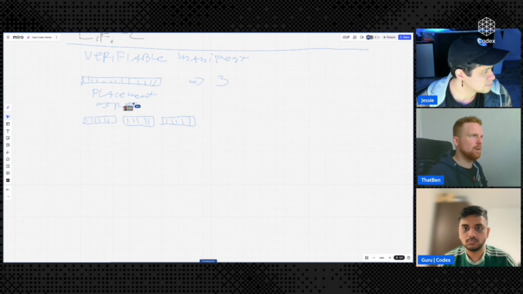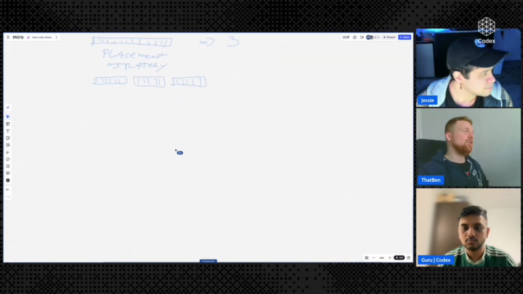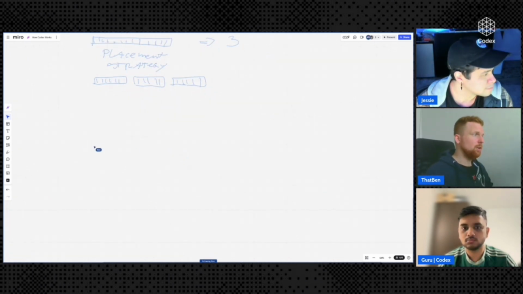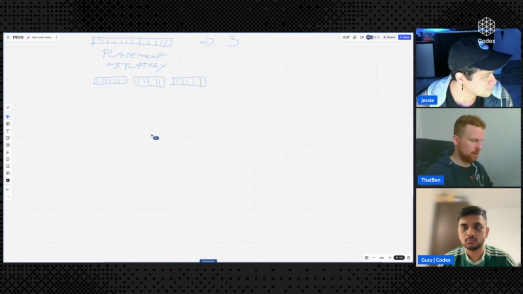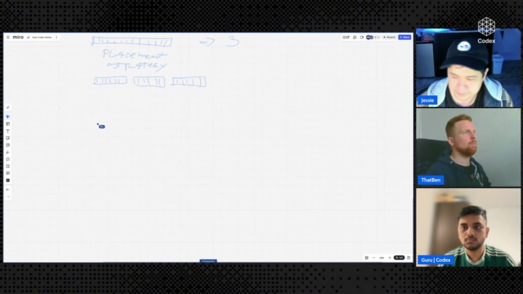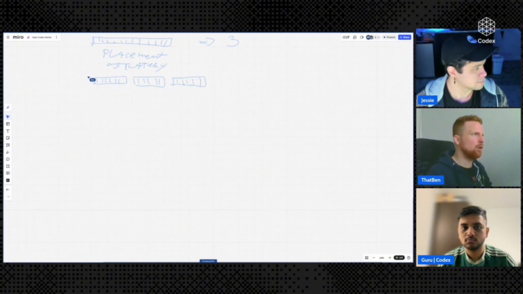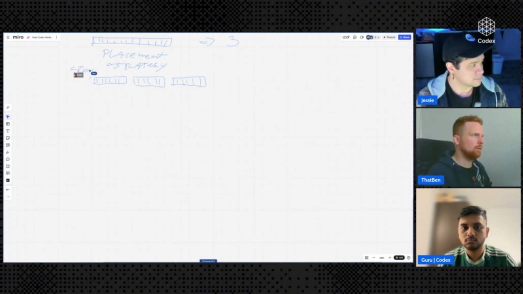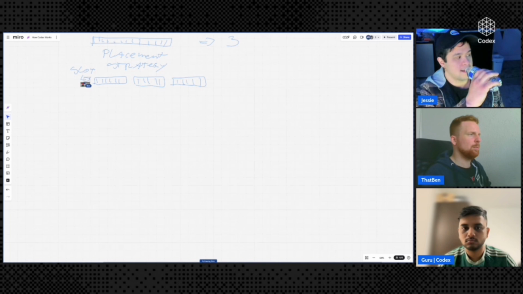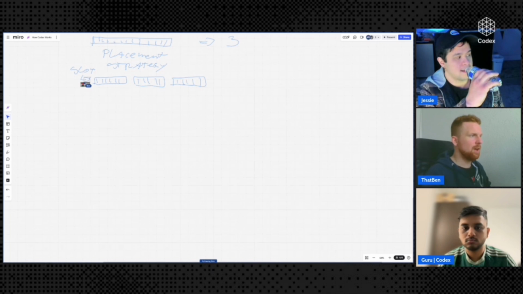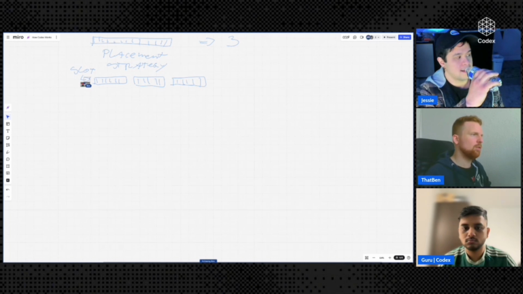Placement strategy. To be able to generate storage proofs, we use a zero-knowledge circuit. And I'm going to proceed with only one of these segments from now on. They call them slots. So this would be a slot. I'm going to show only for one of them, but the same thing happens for all of them. So here's my slot.